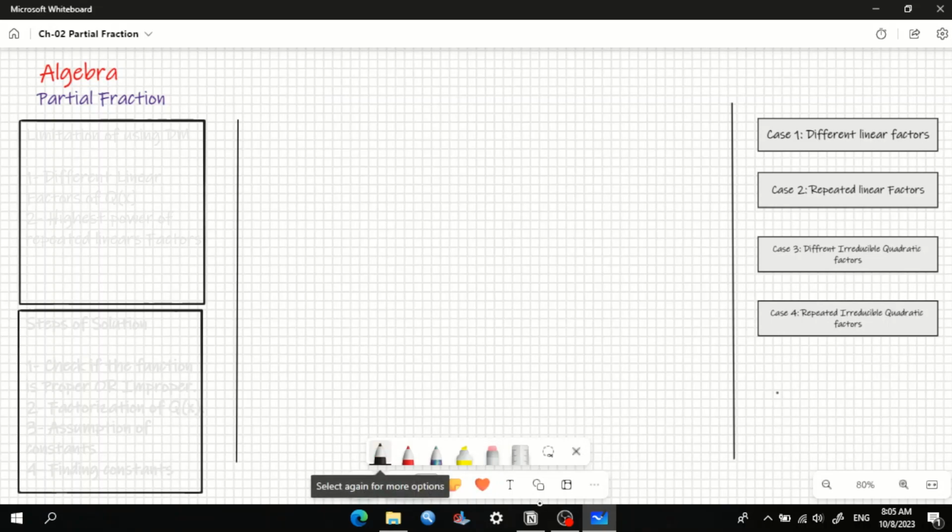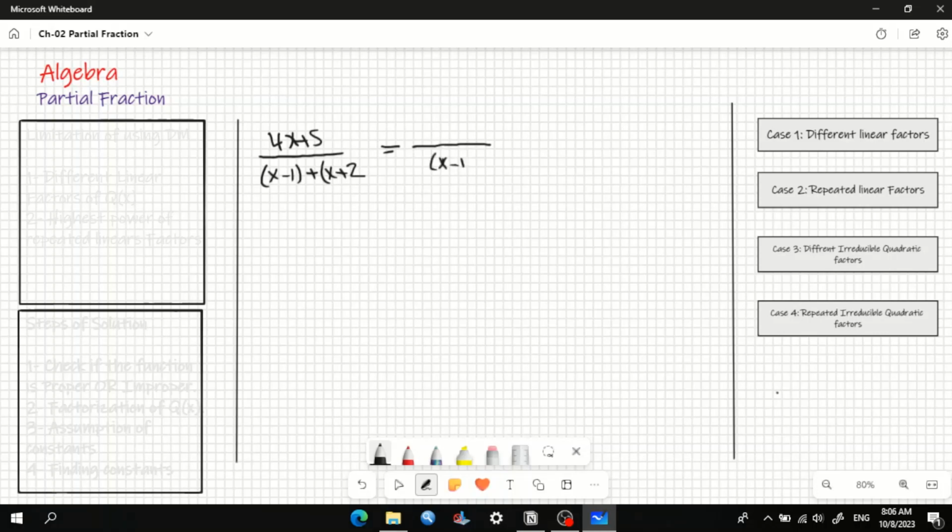If I have 4x plus 5 by x minus 1 times x plus 2, it will be equal to something by x minus 1 plus something by x plus 2.